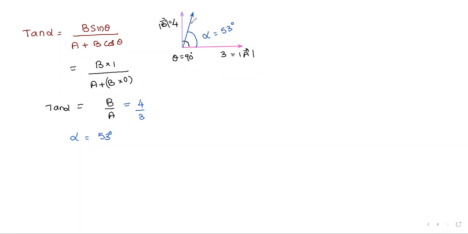So 53 degrees. Look at it: it is close to B. Does that mean close to higher magnitude or lower magnitude? Once you check, you only check. This is what I am asking. That implies the resultant is close to B, the vector here.